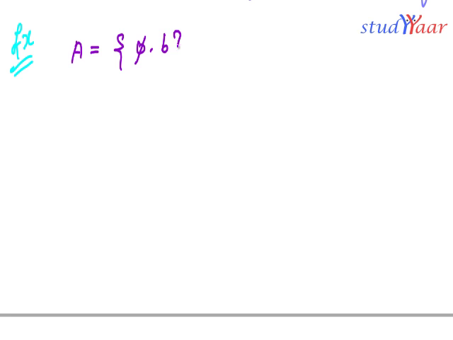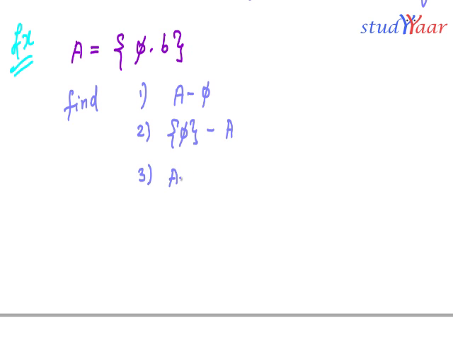What I need to find out are the following sets: A minus phi, phi minus A, A union power set of A, and A intersection power set of A. Okay, so let us see how we are going to do this.